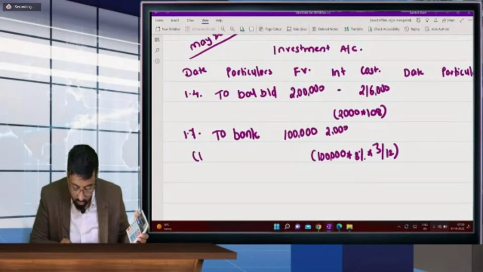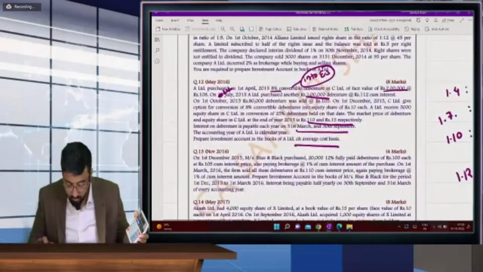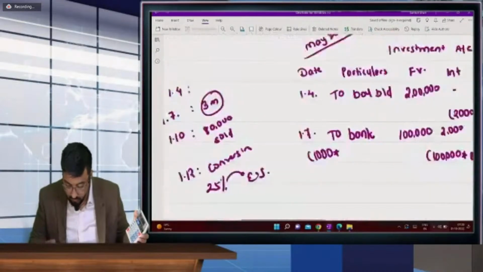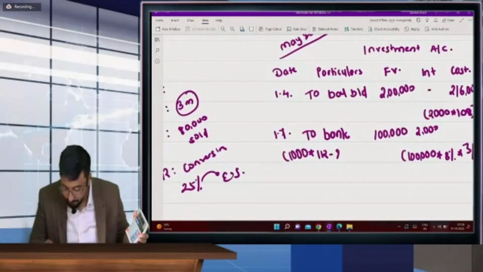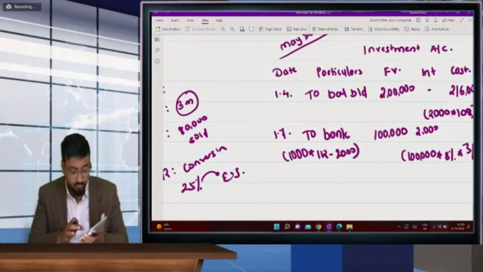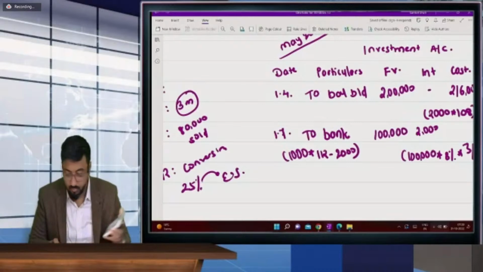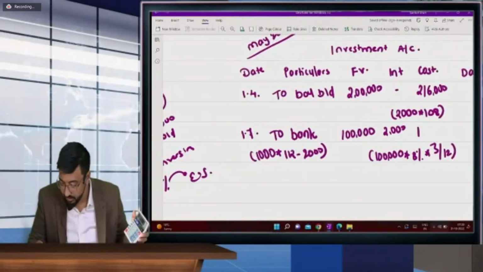At what price did we buy it? 1,000 into 112. So 1,10,000 is the correct answer.